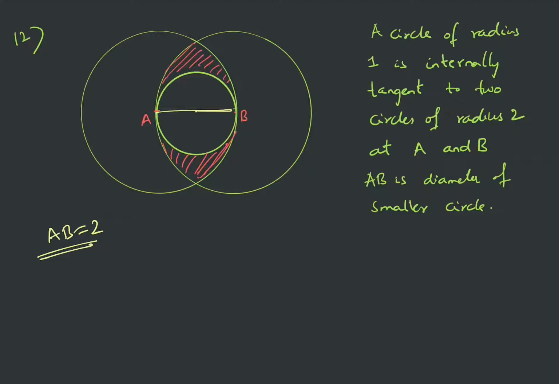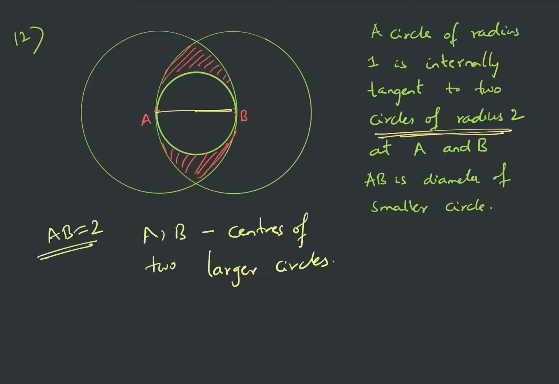Fine. And it is given that the radii of the two larger circles is also 2. So basically A and B are centers of the two larger circles. And now in one of our sessions, I think the first session of our circles, we have found out this entire shaded area.